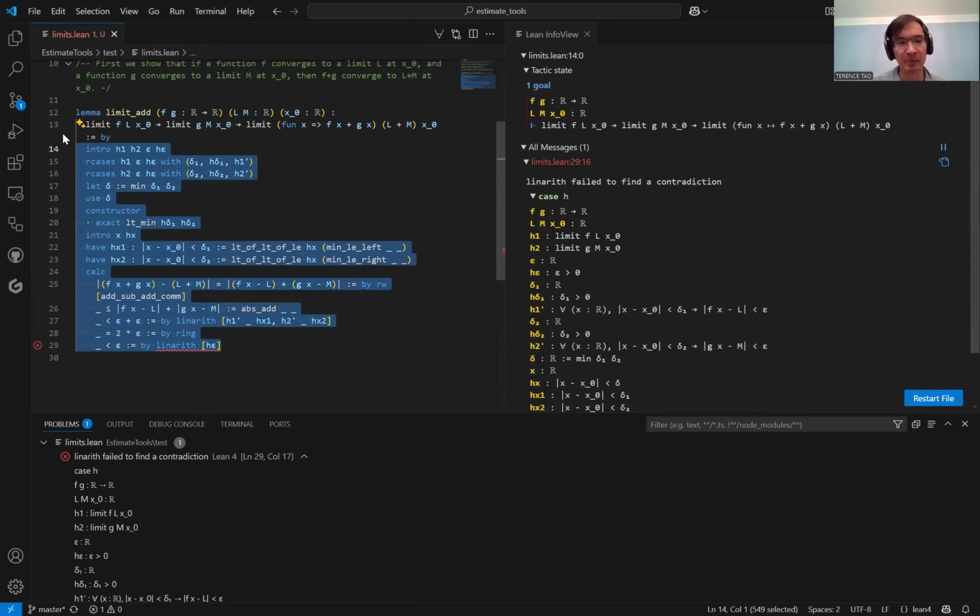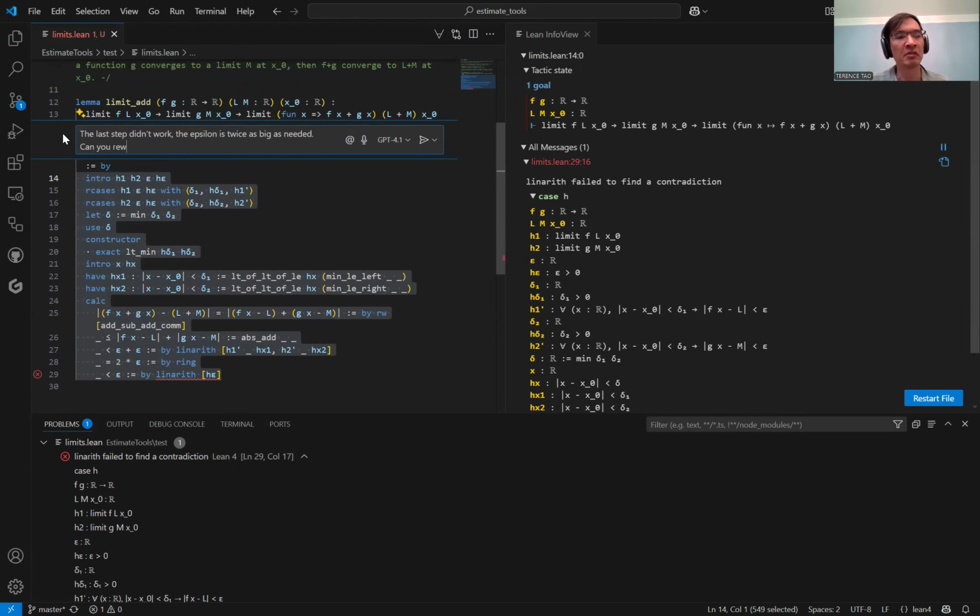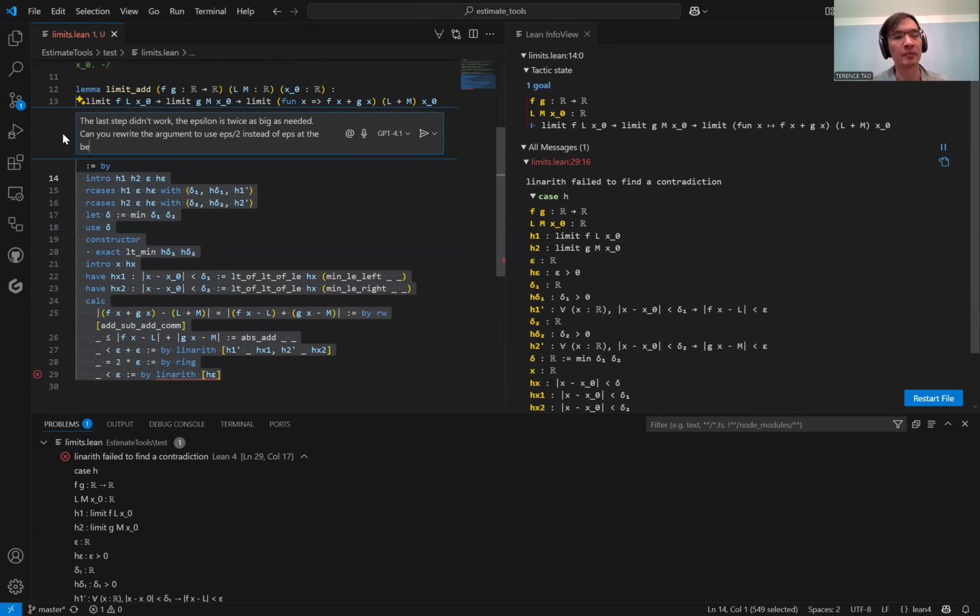So maybe I'll just tell GitHub to do that. The epsilon is twice as big as needed. Can you rewrite the argument to use epsilon over 2 instead of epsilon at the beginning? So that's the last step of that.